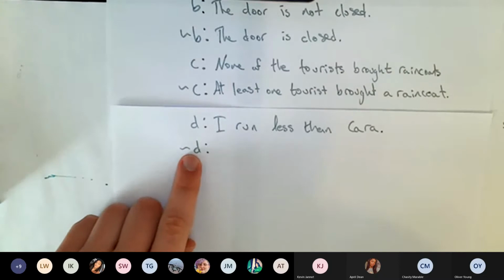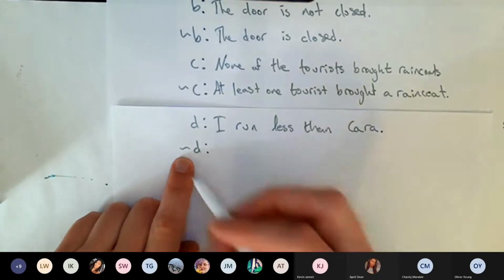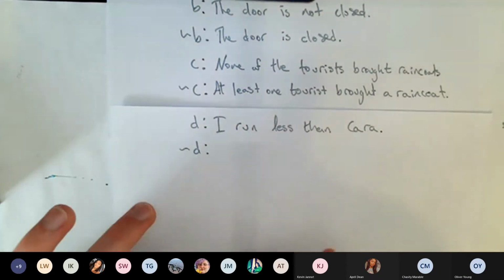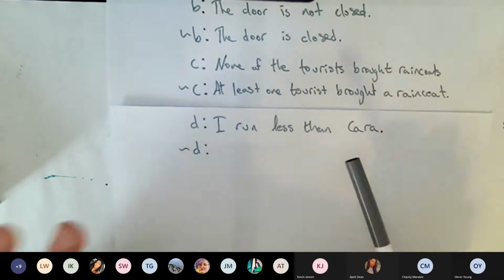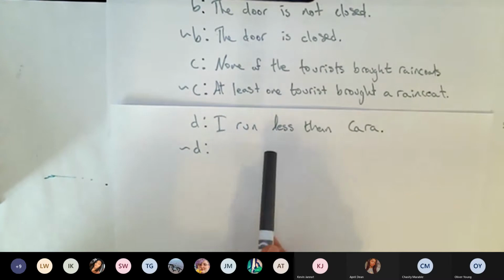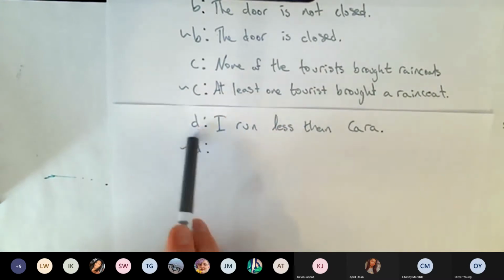I think I always draw my negation symbol upside down. It's just more comfortable doing it that way, but you can tell what it is. Okay, so the negation of D. Well, let's assign some numbers here so we can get our minds right. If Kara runs 5 miles and I run 4 miles, then this statement is true.